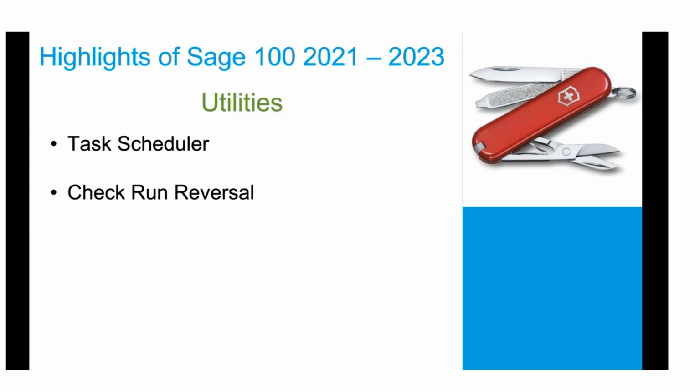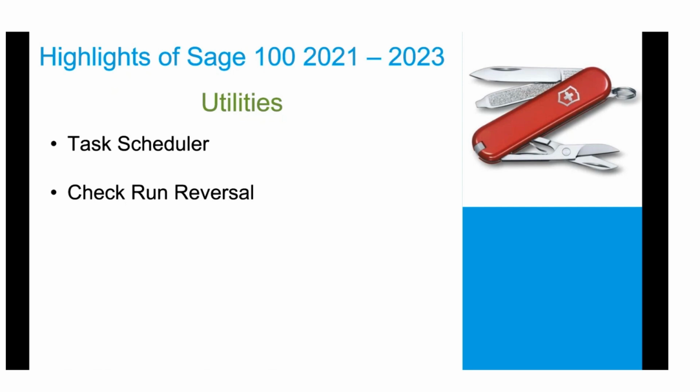So the next one is check run reversal. And this one is near and dear to my heart because I was just working with somebody that had done a check run of 80 checks and the checks didn't print correctly. In the newer version, in this utility, you can take one check register and reverse the entire run, versus in the past, it's been going to manual check entry and reversing each individual check one by one.